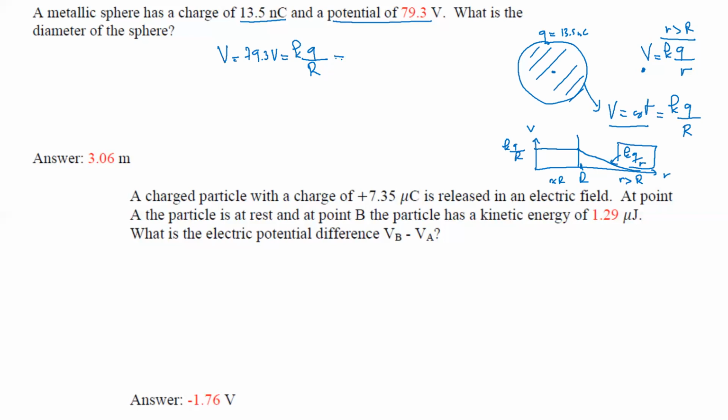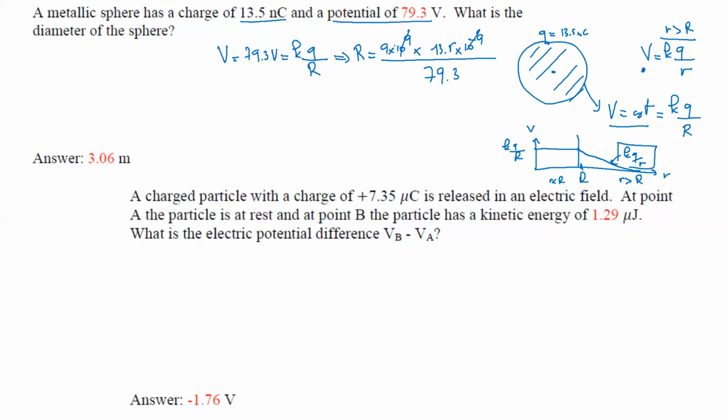So that means I can find the radius. The radius will be K, which is 9 times 10 to the power 9, multiplied by Q. What is Q? 13.5 nanocoulomb, so we put it in coulomb, 10 to the power minus 9, and you divide by the voltage, 79.3.